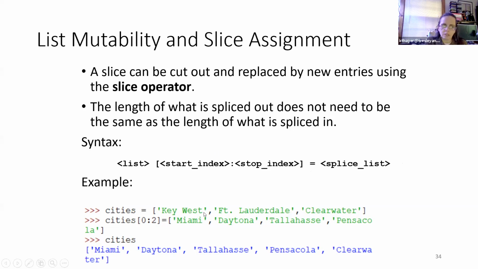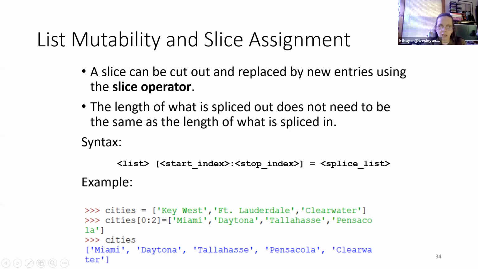So here we have some cities, Key West, Fort Lauderdale, and Clearwater, and we are going to have cities from 0 to 2. So city 0, 1, and up to but not including 2, so that's selecting Key West and Fort Lauderdale, is equal to this big long list here: Miami, Daytona, Tallahassee, and Pensacola.